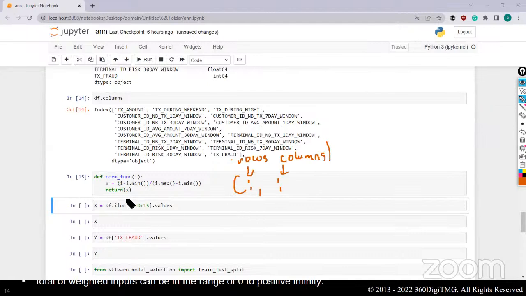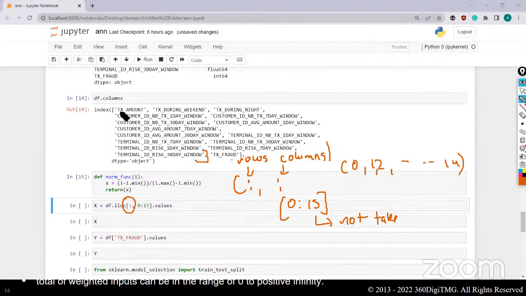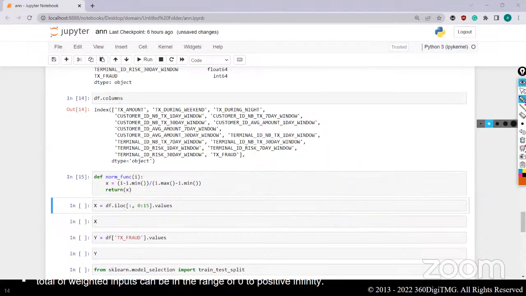Here we are saying take all the rows, and for column we are saying start from index position 0 and go to 15. Now in Python, this last value is not taken. So basically what we are saying is start from column 0, 1, 2, all the way until column number 14. These columns we are taking. So we are taking 15 out of the 16 columns.